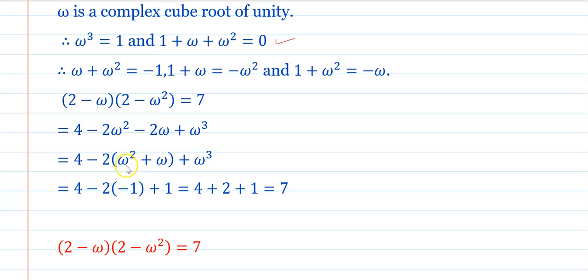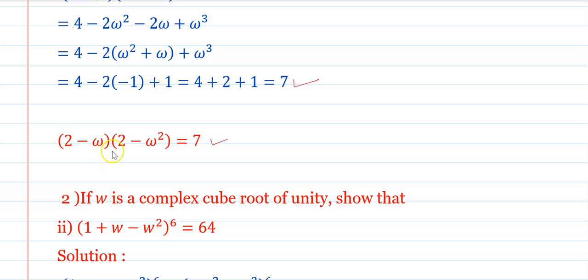Now the value of omega plus omega square is equal to minus 1. Minus 2 into minus 1 will become plus 2, so 4 plus 2 plus 1 equals 7, and hence the value of 2 minus omega into 2 minus omega square equals 7.